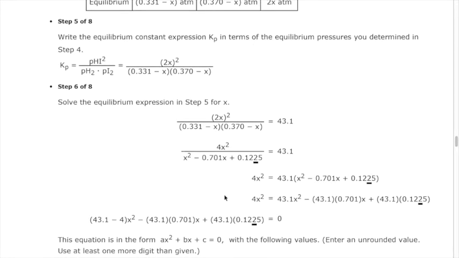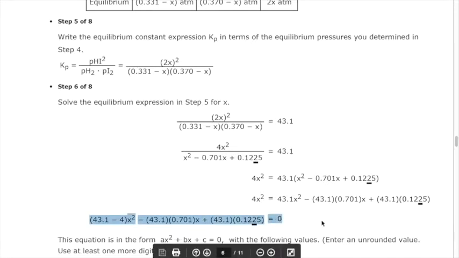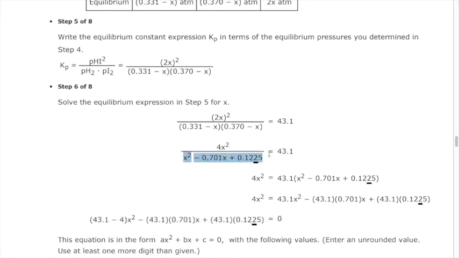And so what we're trying to do here is eventually get to this form where everything is on one side set equal to 0. And so to do that, we're going to have to multiply the denominator here times 43.1, which is why you now here have 43.1 times all of that stuff.